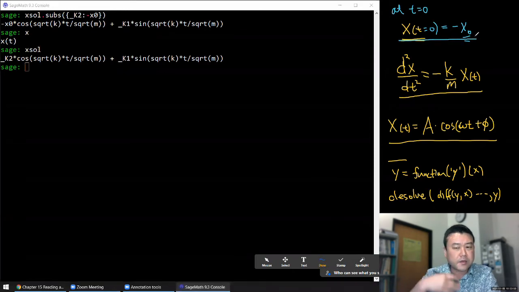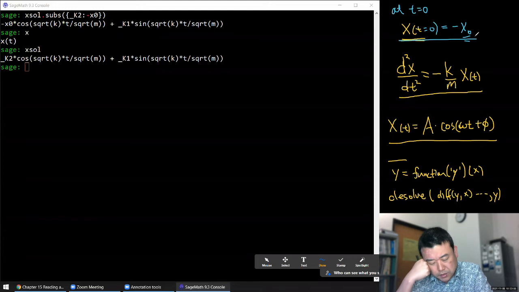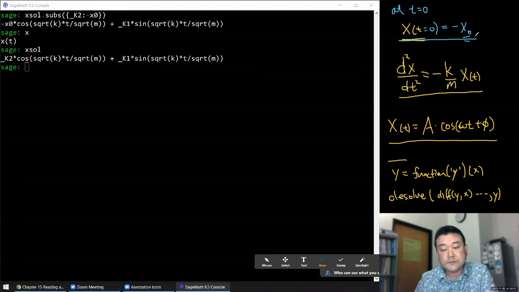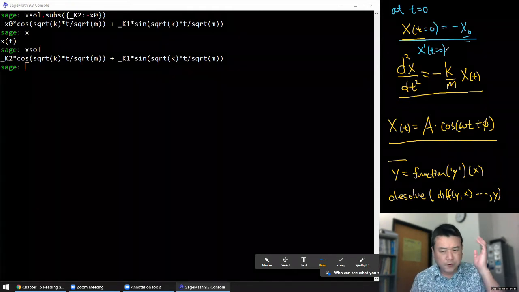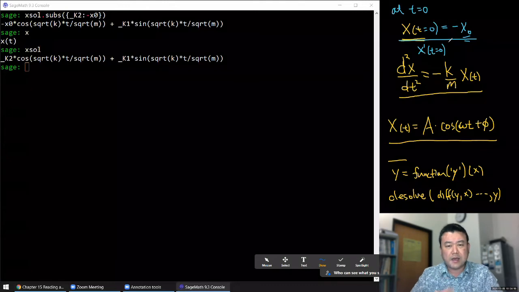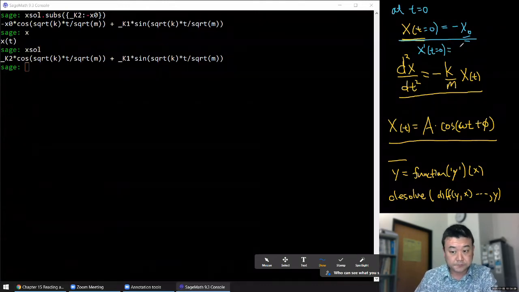And when you think through it, there was something so intuitive to us that we just assumed it. We didn't bother specifying it. But what we need to specify is what the derivative of x is at time equals 0 as well. We need to specify the velocity. Of course, as I'm releasing it from rest, that velocity is equal to 0.